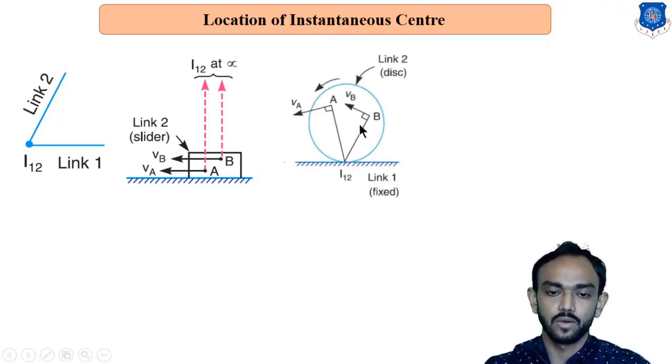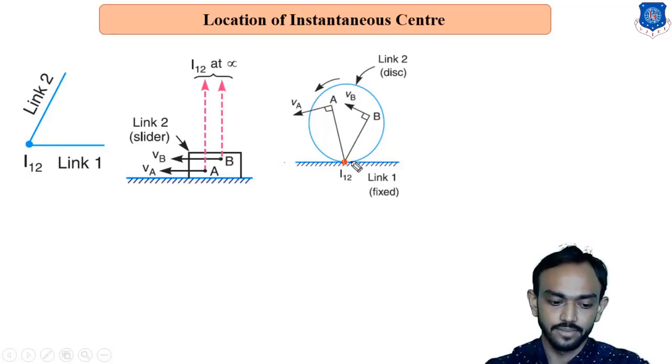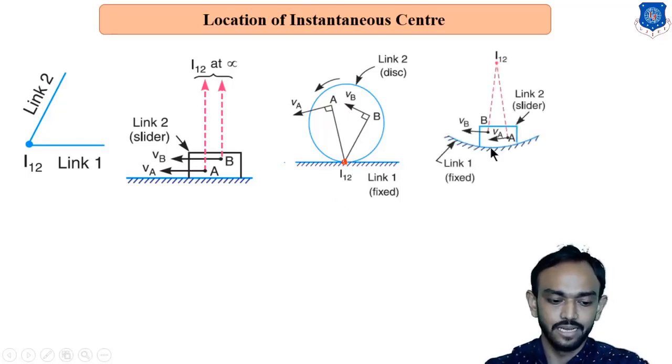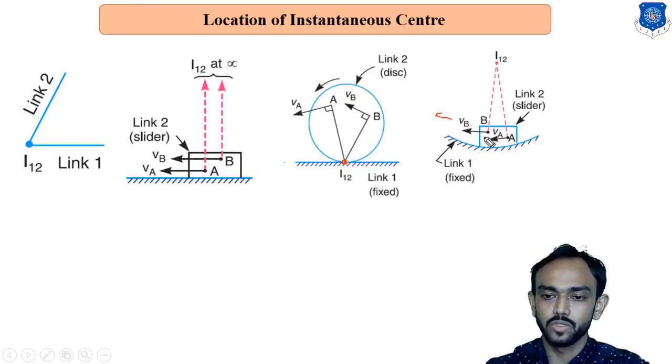After that, if a roller is rolling on a straight surface, the contact point will be considered as the I center. And if the slider is sliding in a circular path, the center of this curvature will be considered as the I center, because if it is sliding in this direction, with respect to this it is pure rotation.